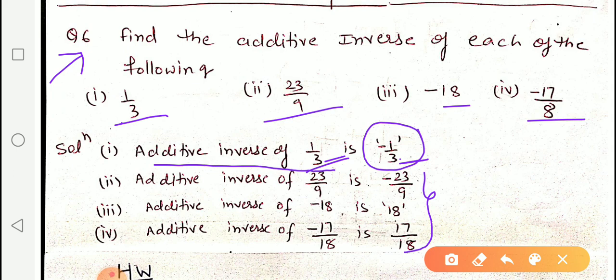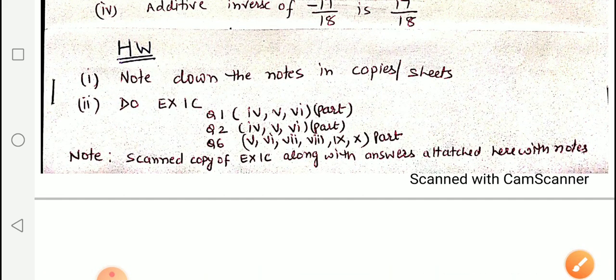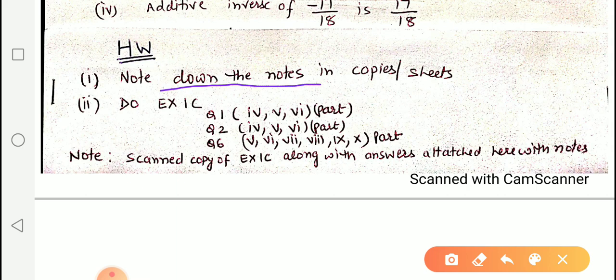Now it's time for homework. For homework you have to note down the notes in your copies or sheet, whichever you are having.